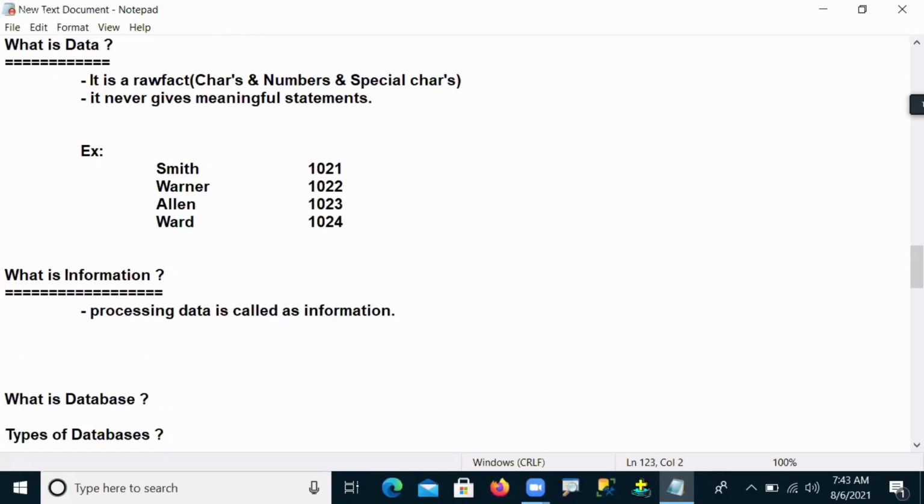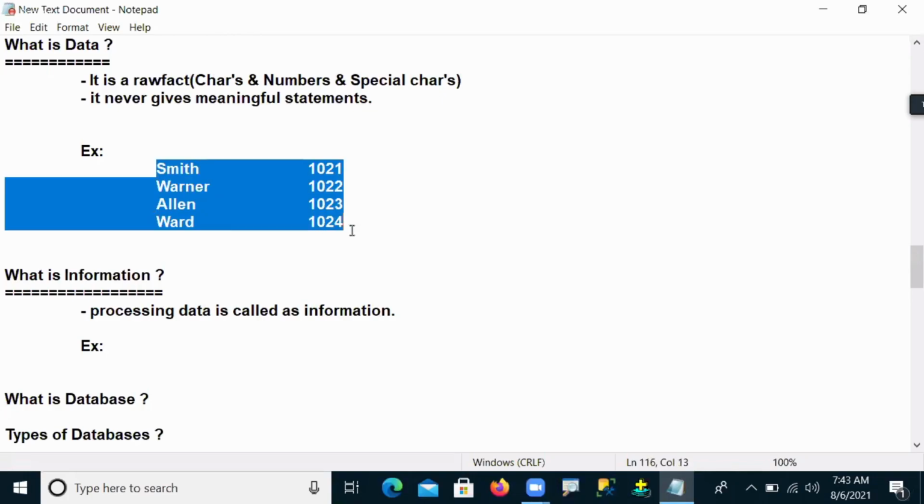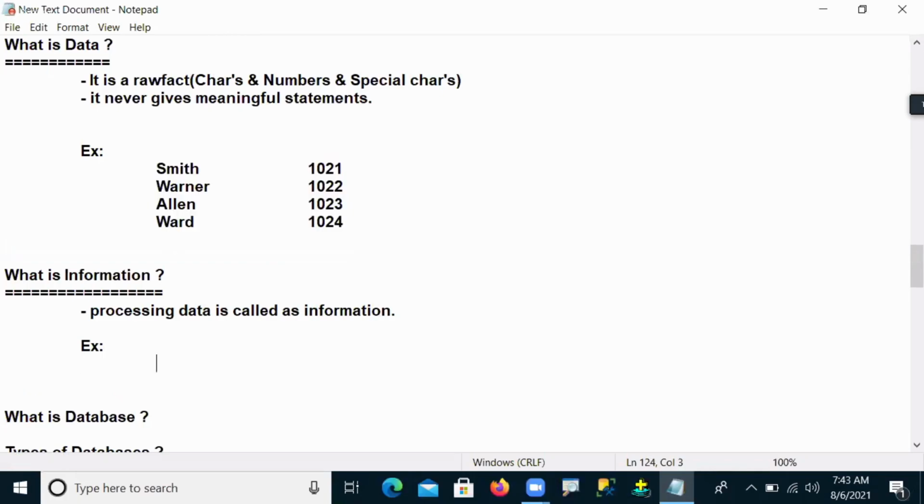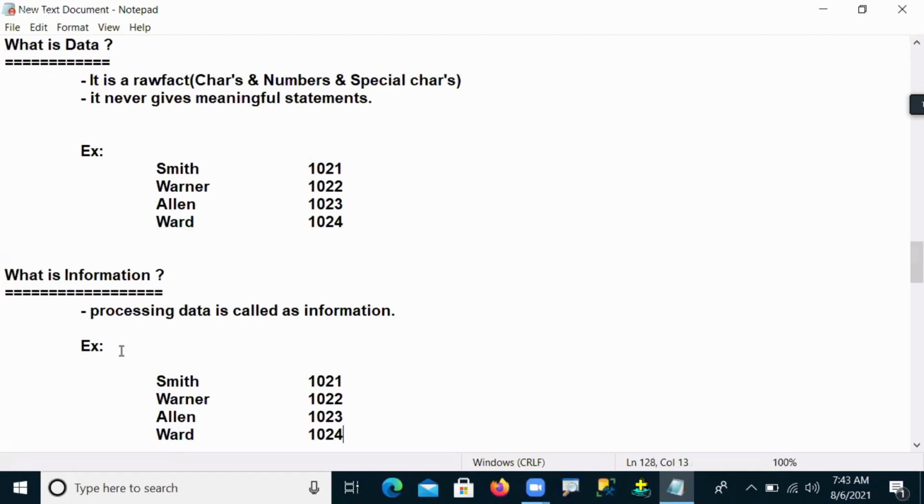Let us see the same example I gave above. Carefully observe, it is a very simple and easy way to understand the definition of what is data and what is information.